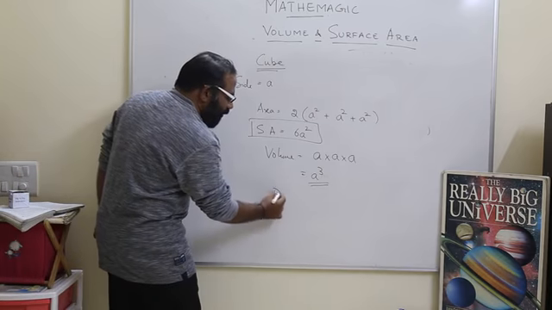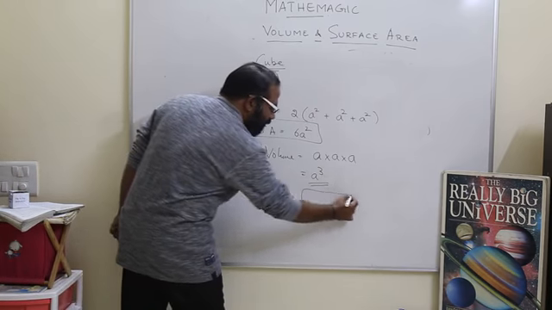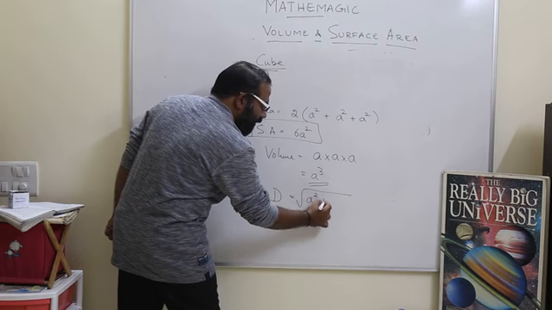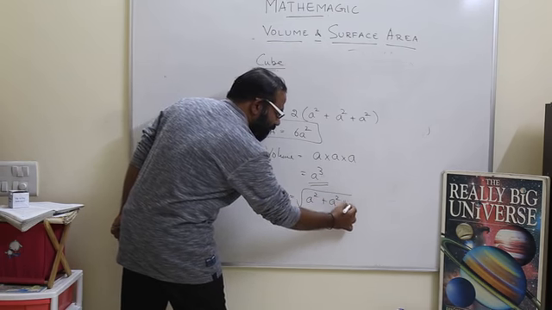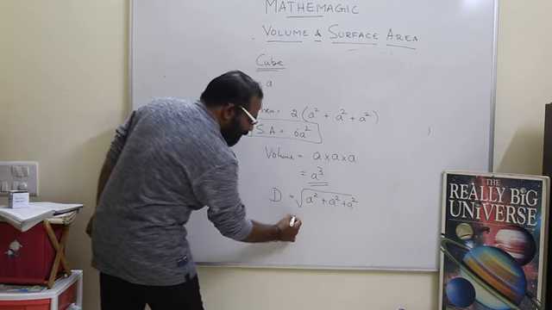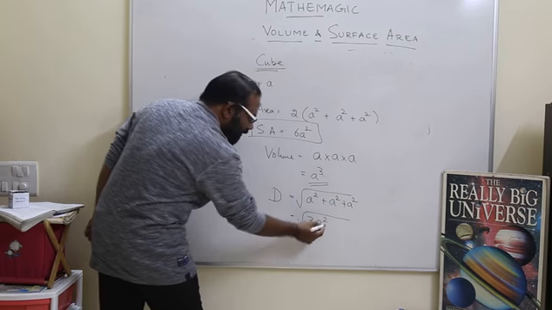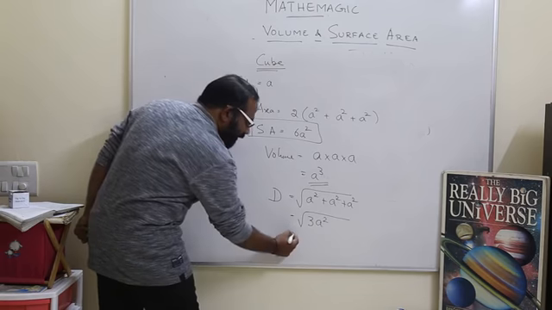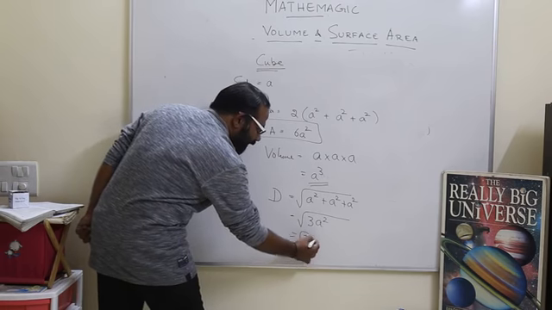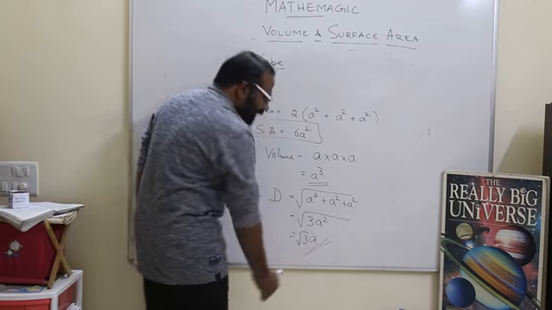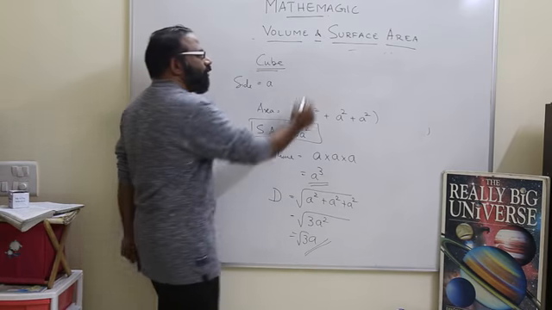And the diagonal of the cube would be the square root of A squared plus A squared plus A squared, so it is the square root of 3A squared. The square root of A squared is A, so root 3 A is the length of the diagonal in a cube.